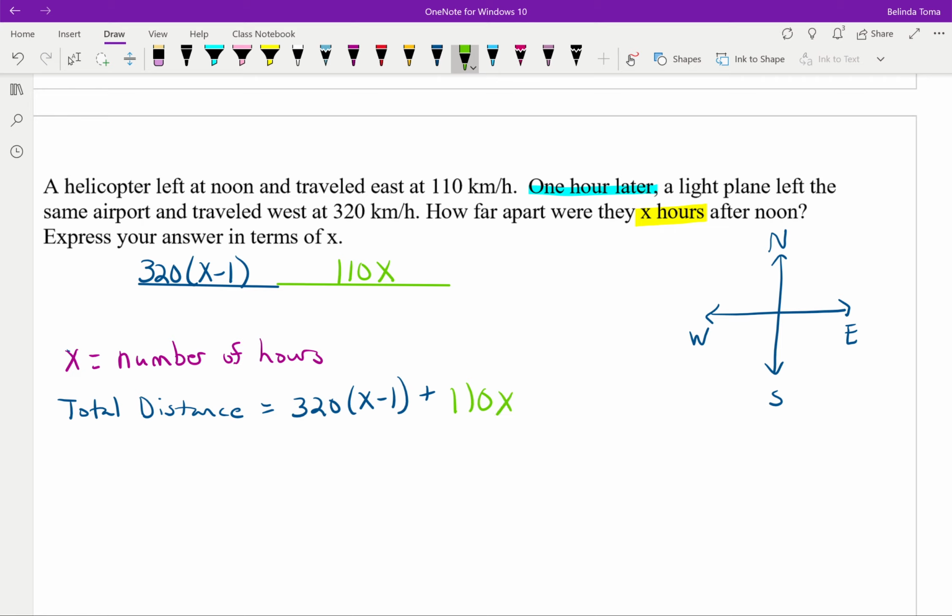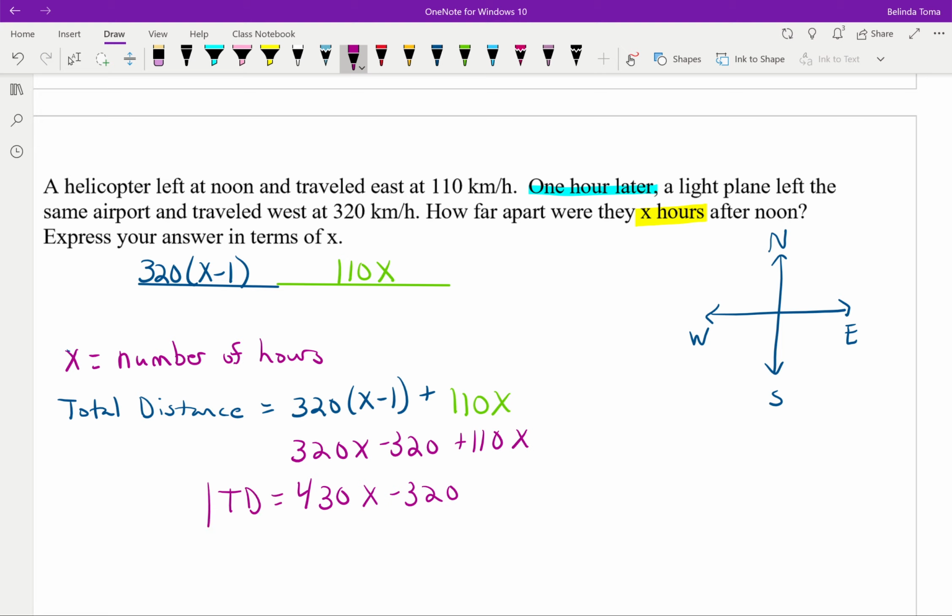If we distribute and simplify, then we can give our total distance in terms of x. So 320x minus 320 plus 110x. Combining like terms, 110 and 320, we get 430x minus 320, and that's going to be our total distance. I'm going to write TD for short.